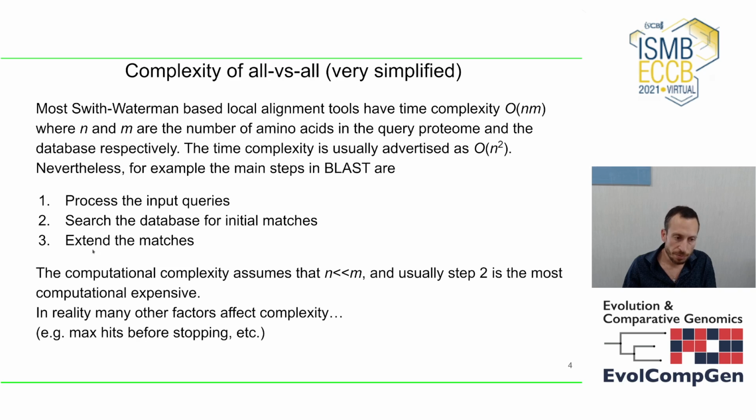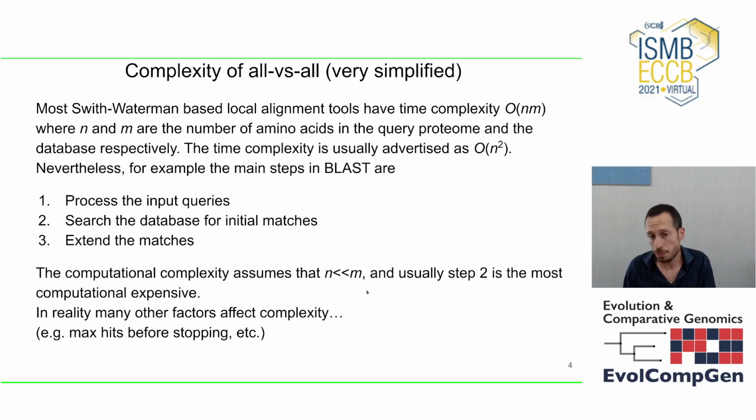Usually the most expensive step, as we see in the second point, is the first search in the database, in which the tool searches for potential hits. In MMseqs2 this is also called prefiltering, if I'm not wrong. But the important thing is that this time complexity assumes that the number of queries is much smaller than the number of sequences in the database.